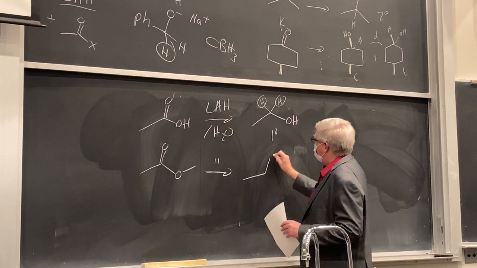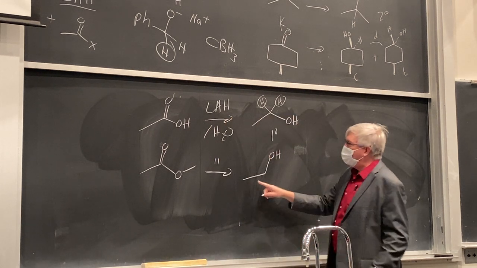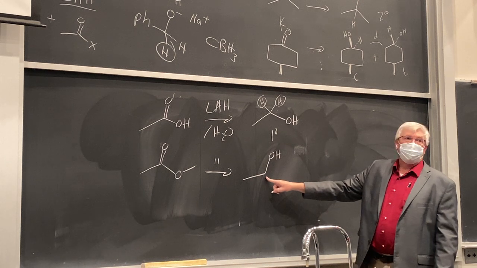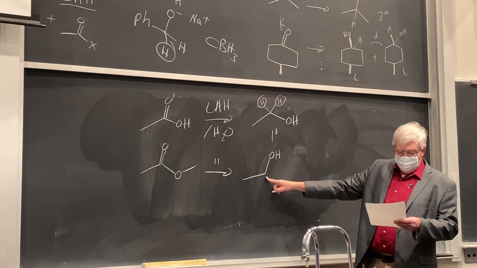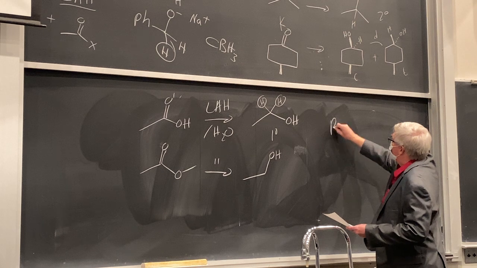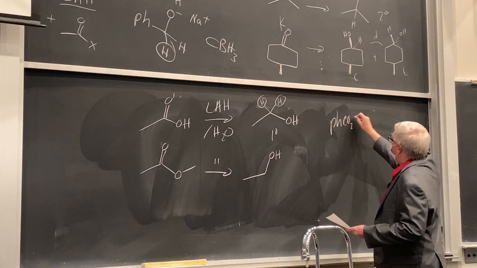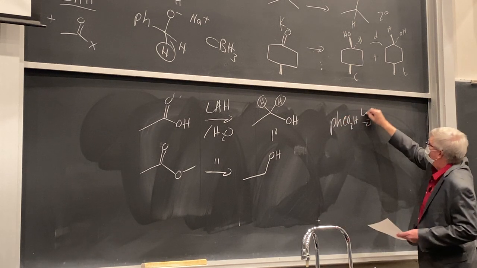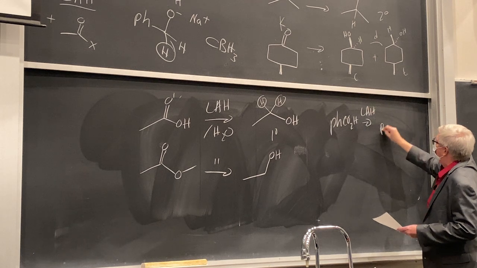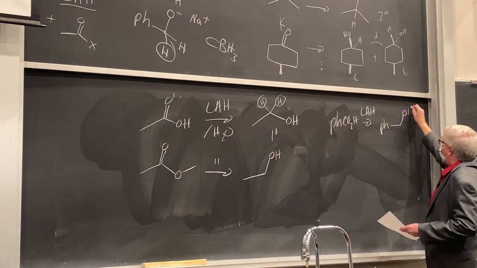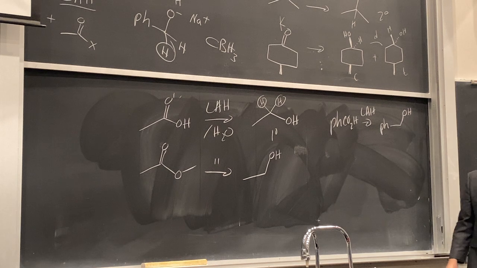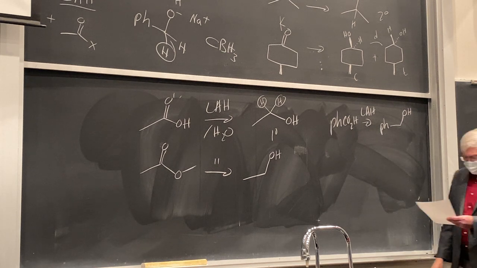LAH with an ester will also go to the alcohol product, okay? So you can take benzoic acid with LAH, and you can go to benzyl alcohol. So there's a connection between benzoic acid and benzyl alcohol.